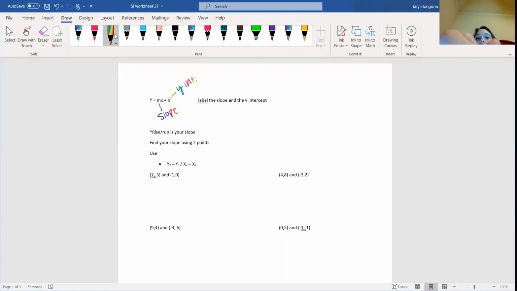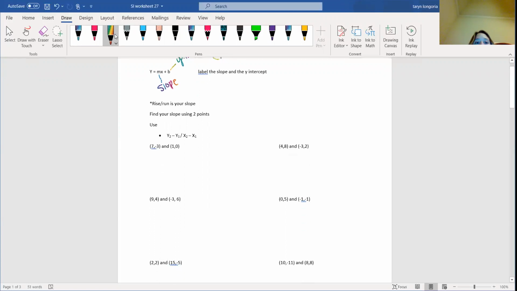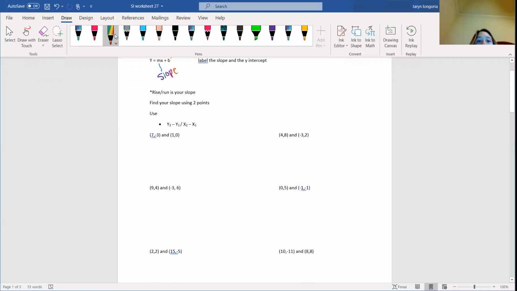Your y-intercept is where your x value is 0. This is just a little note saying that your rise over run is also your slope, so that's also equal to m.